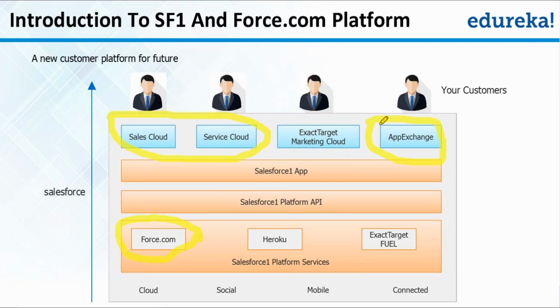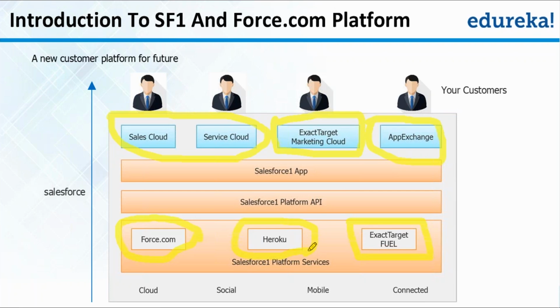Then recently, maybe in the last 2 to 3 years, they started addressing some of the gaps. For example, they acquired a company called Exact Target Marketing Cloud. This also had a SaaS and a PaaS layer, not exactly like Salesforce, but they do have these sort of layers. Then they also have this platform called Heroku, where you can run Java code as is.